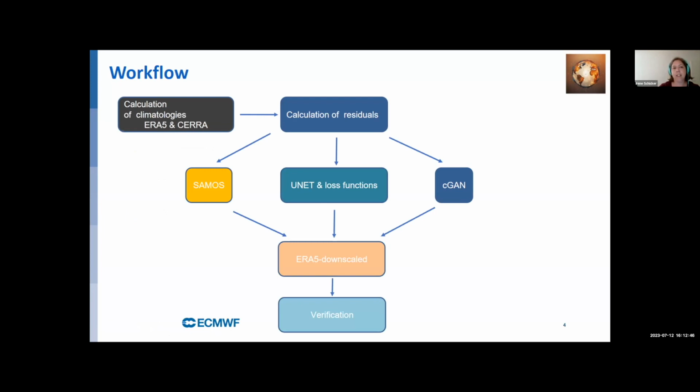This is then used in the downscaling. We have three approaches. One is called SAMOS, which is based on the idea of standardized anomalies and is a more statistical approach in downscaling. Then we will use a U-Net with adapted loss functions and a conditional GAN. This will result in ERA5 downscaled, and then we have the verification.